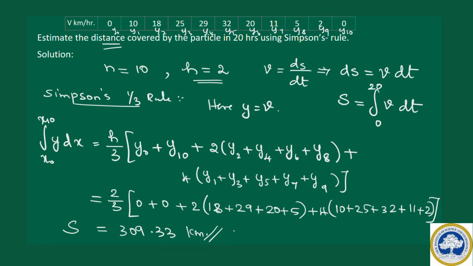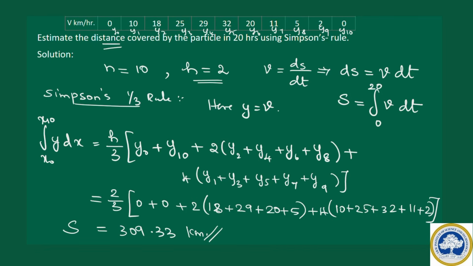Sometimes they will ask you the problem in terms of integration itself. Sometimes they may ask you the formula. In such a case, first you write down the relation between the given data, and then identify whether we need to apply numerical integration or not.